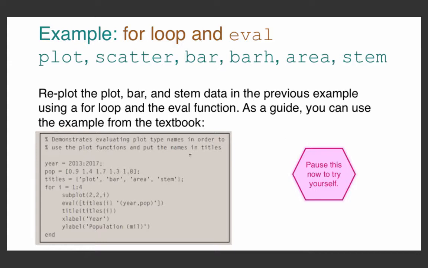Okay, so this is essentially what I just did before. I just put these in a cell array. It does it in a slightly different way. Just have a think about how it does it.